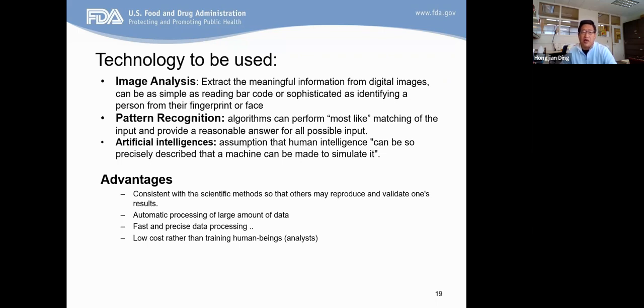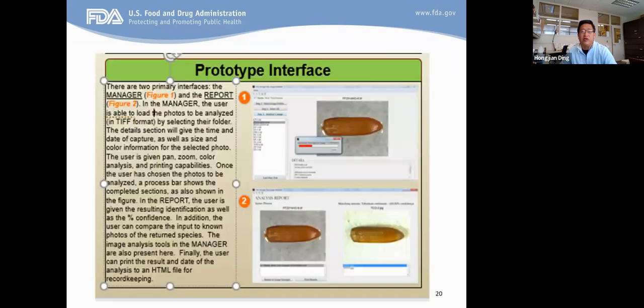And this technology can make it an automatic process with a large amount of data, fast and precise, and at low cost compared to training human beings. That's where we are going. So far we have developed a prototype system.